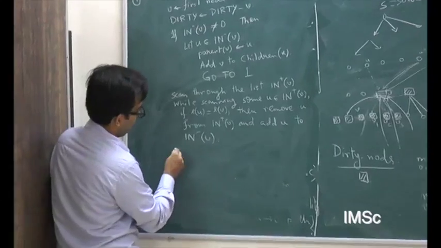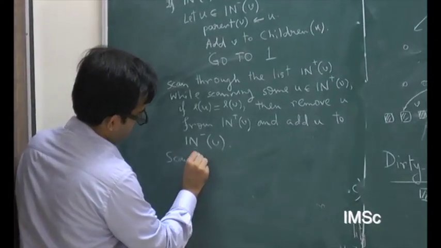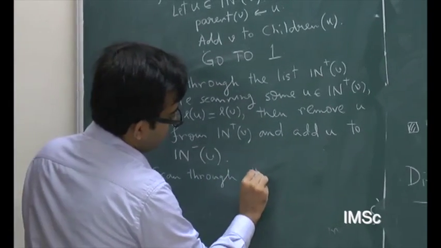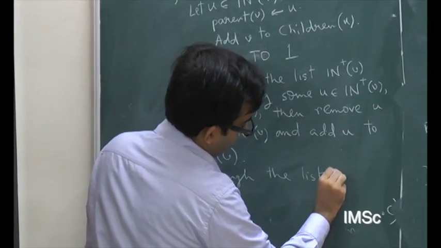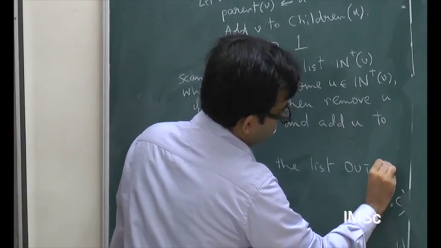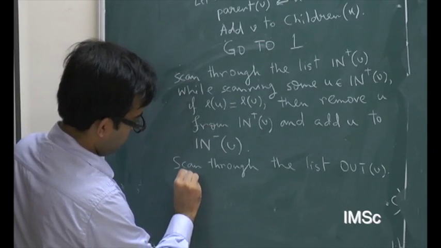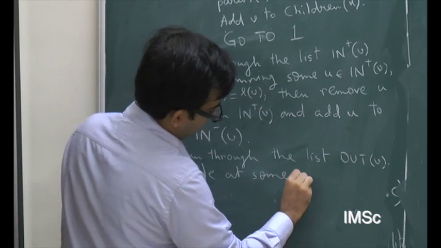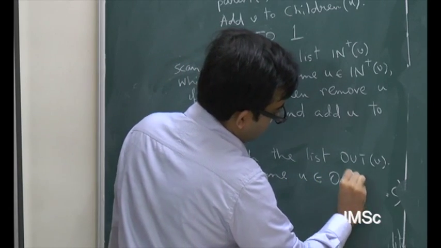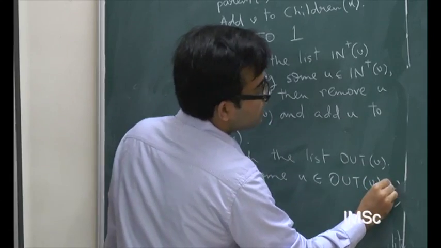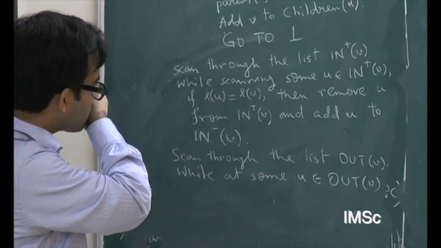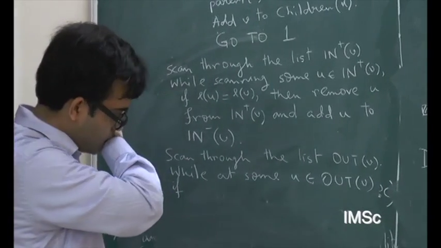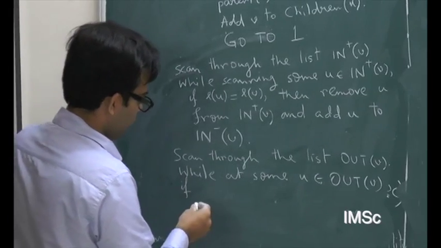Then scan through the list out of V. While at some node U which belongs to out of V, what will you do? If the level of V is level of U minus 1. Exactly.